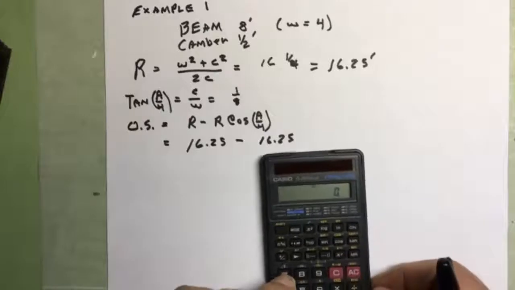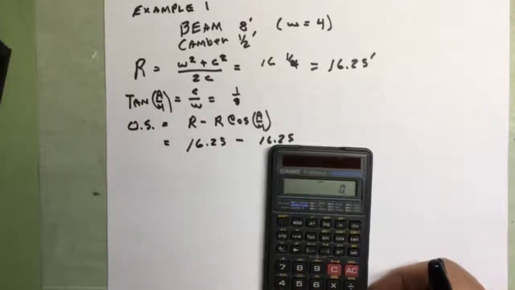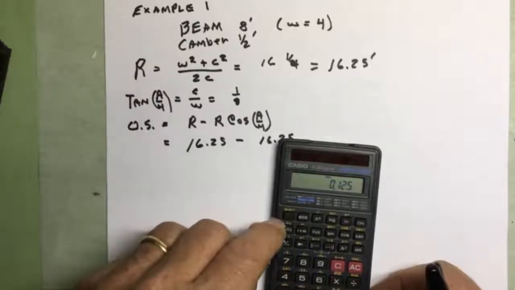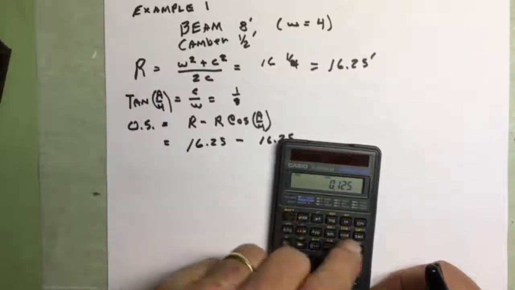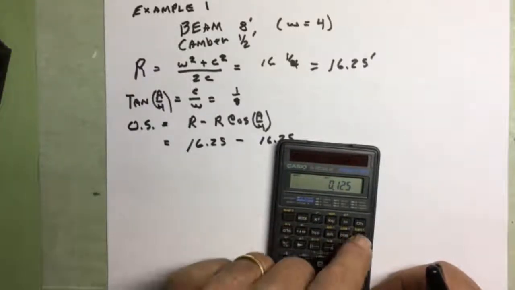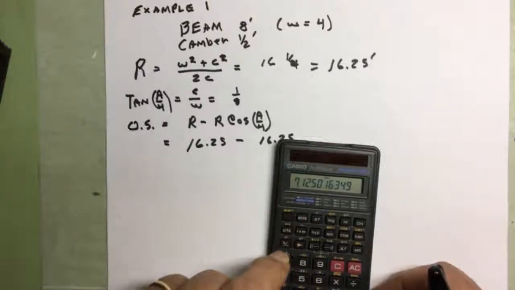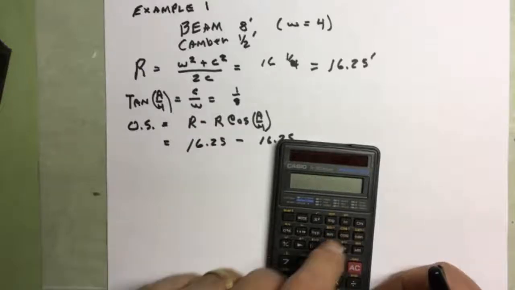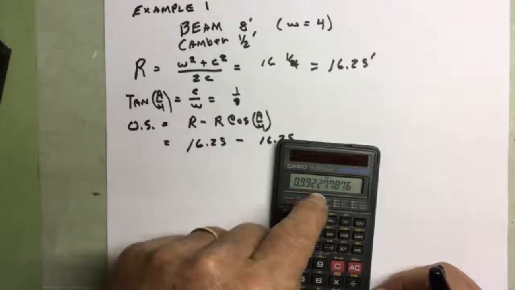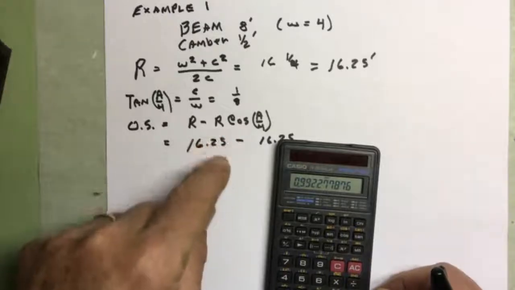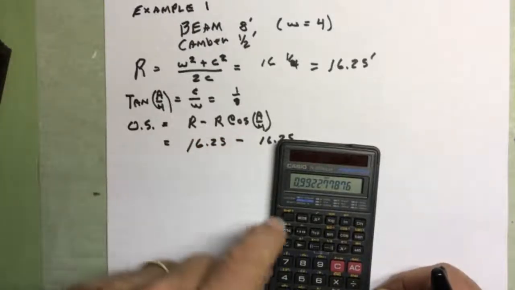We put in 0.125 for 1/8, and we'll find out what the tangent is. It comes out to be about 7.12 degrees. The cosine of that is 0.99227, etc. And we'll just go ahead and multiply that by R, which is 16.25.